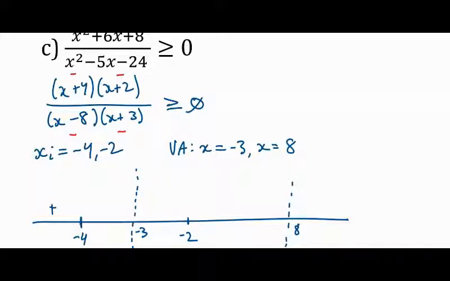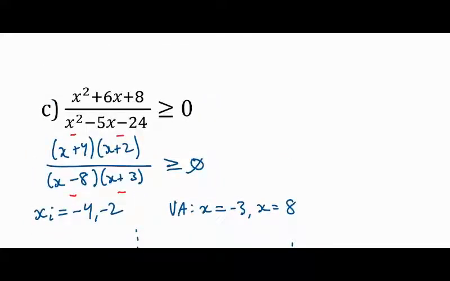I would do -3.5, about halfway between. Negative 3.1 would work just as well. Negative 3.9 would work just as well, whatever you want, but you've got to be able to do this. So if I do that, think about this. Negative 3.5 plus 4, well, 4 is bigger.